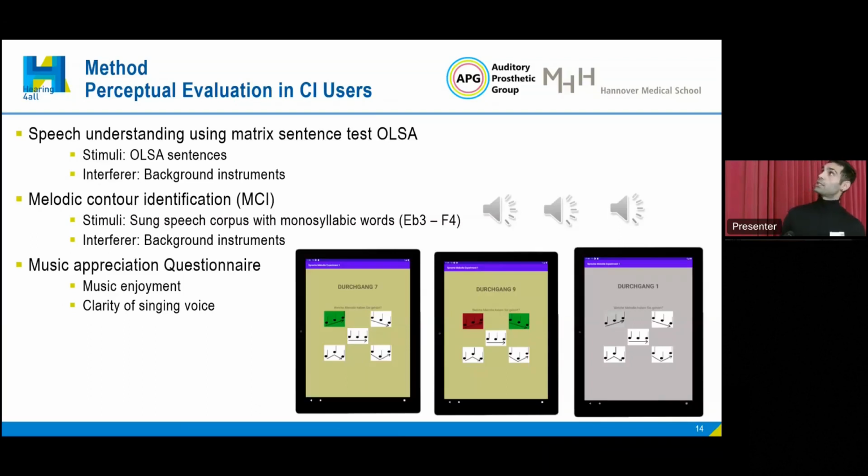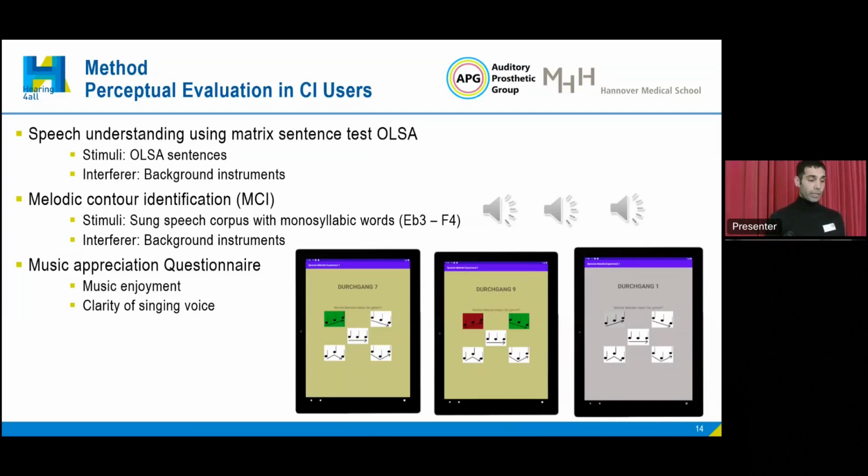It is a variation because we use 3 notes and 5 possible contours: ascending, descending, flat, ascending-descending, and descending-ascending. As stimuli, we have created a song speech corpus where a trained singer sang monosyllabic words from E flat 3 to F4, which in the frequency domain is around 150 hertz to 350 hertz, in one semitone spacing.